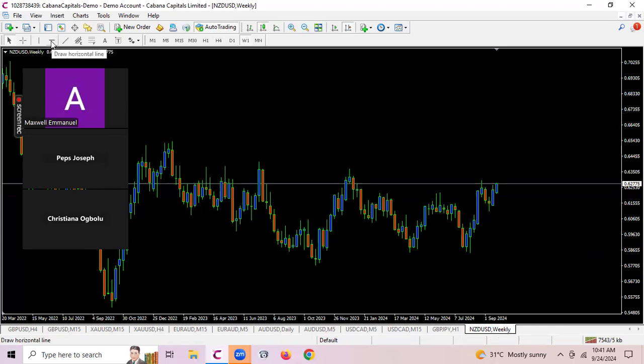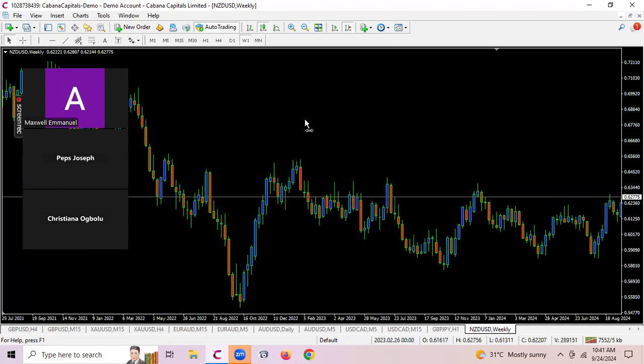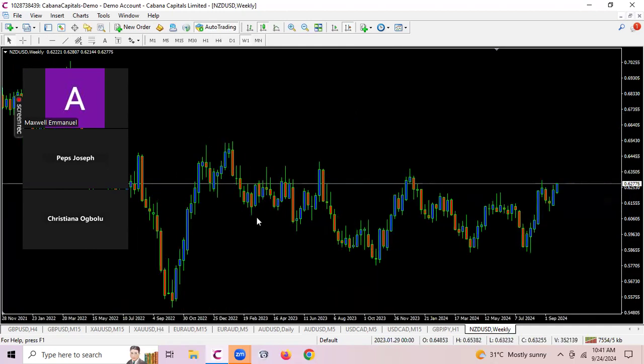we notice that initially this pair has been on a bearish move. Going by this weekly, this is a ranging market from this high to this low.